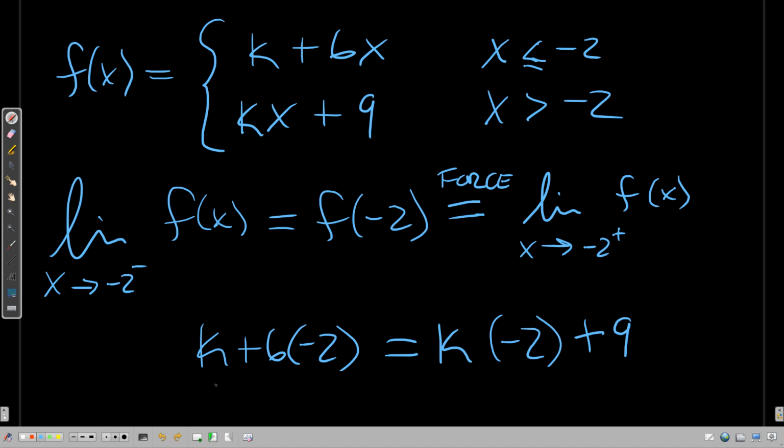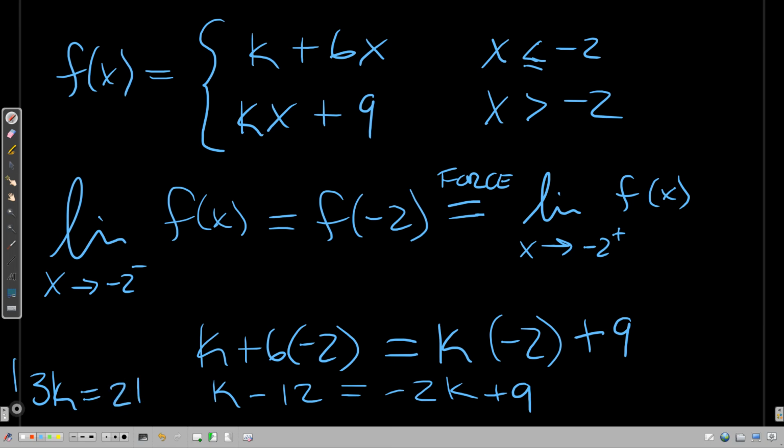All right. So k minus 12 needs to equal -2k plus 9. Add 2k plus 12 to both sides, and it just says 3k equals 21.